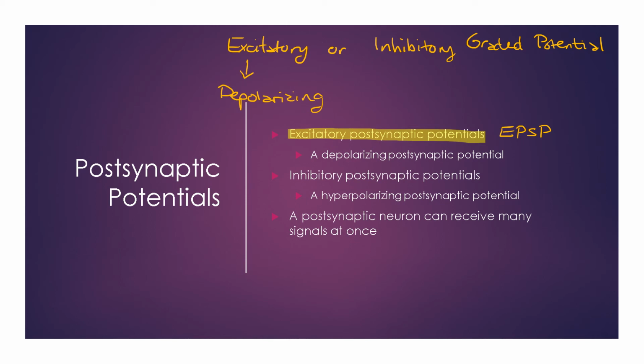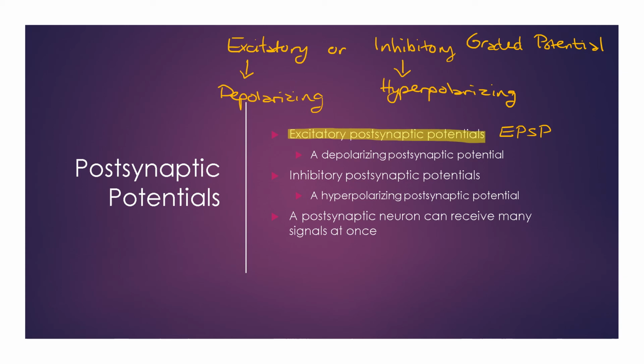Now, a neurotransmitter that causes hyperpolarization of the postsynaptic membrane is inhibitory. This is because during hyperpolarization, generation of an action potential is more difficult than usual, because the membrane potential inside becomes more negative, and so it's even further from threshold than when it was at resting membrane potential.